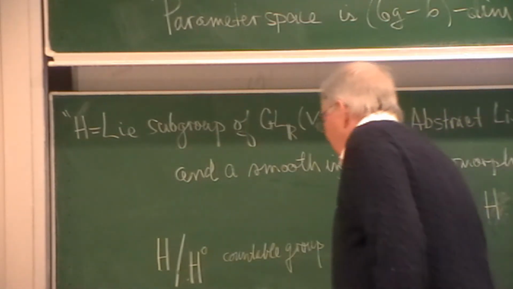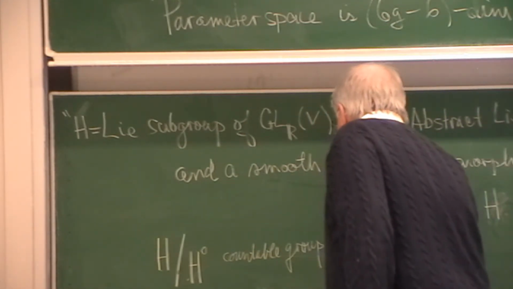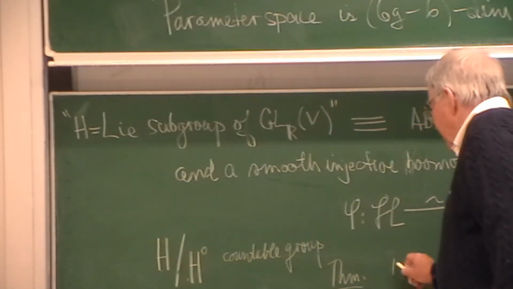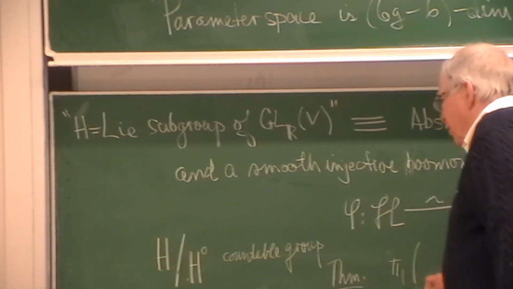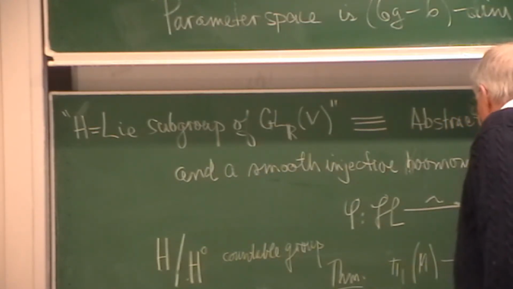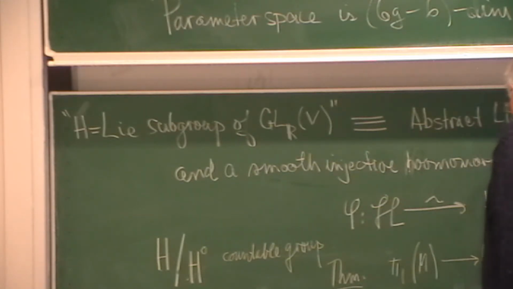And the theorem that is easy to prove, and this is, I think, what Abik was talking about a little bit, there's a natural map then of pi 1 of the manifold onto H modulo H0, a surjective natural map there.